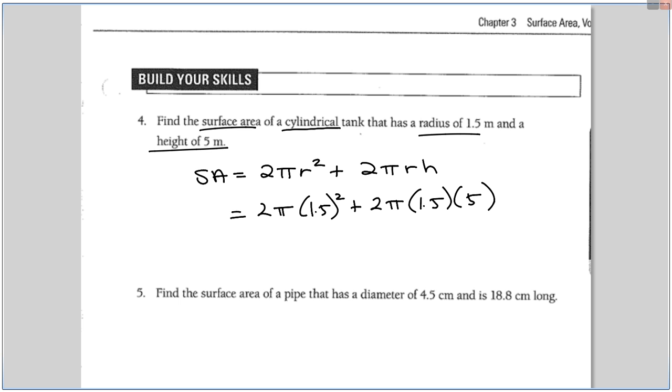And this is going to do it perfectly for you. So I'm getting 61. I'll round up to 61.3, and it'll be square meters for the cylinder.